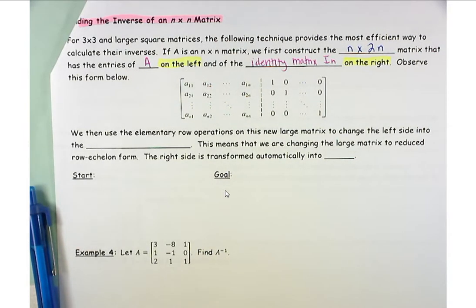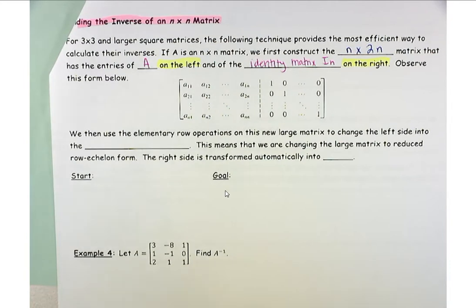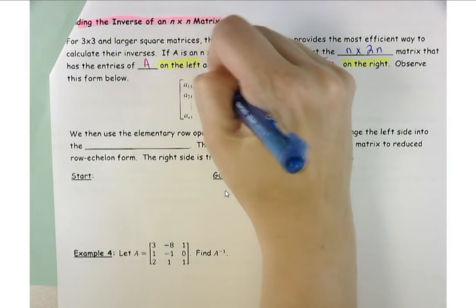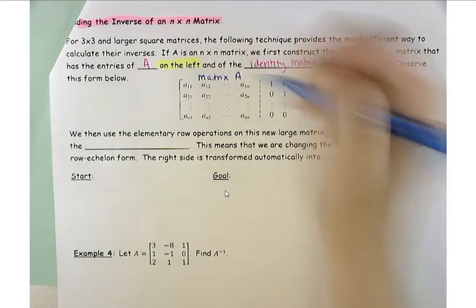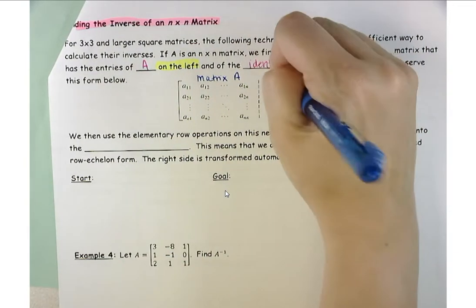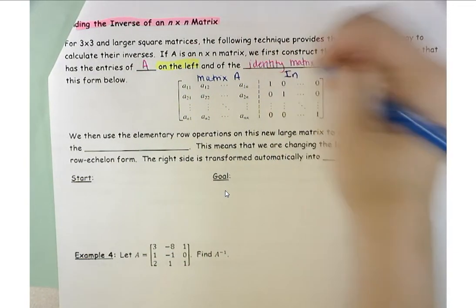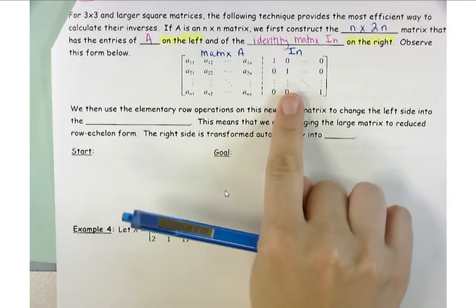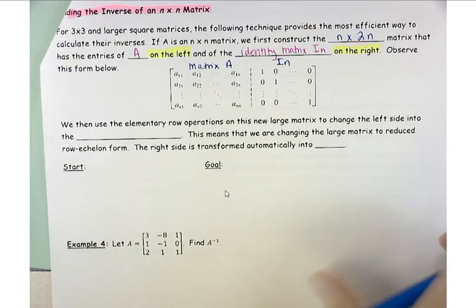So I said observe the form below. So if you look at the form below, on this side would be matrix A. On this side is going to be your identity matrix. And this is just one that we have in general. That's why you have all the different dots there.